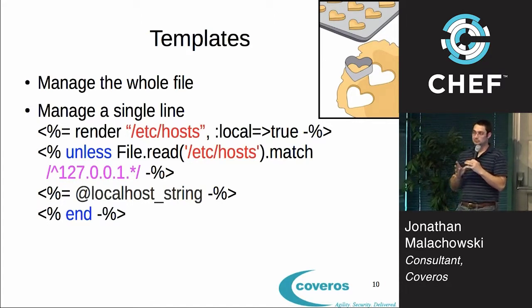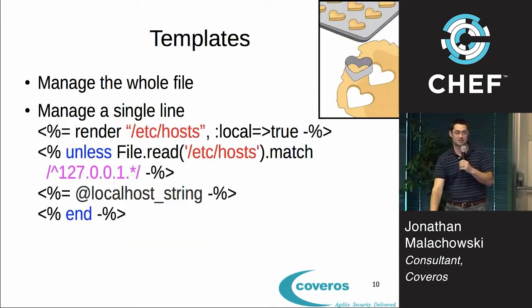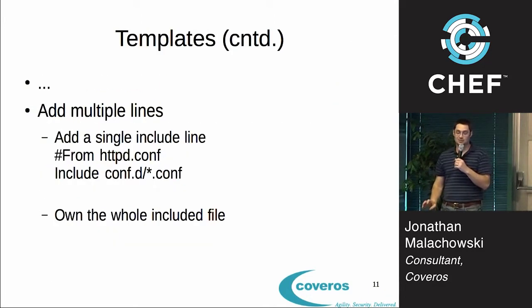Now, there are clearly way more complicated configuration files where you want to manage multiple lines. That can be really difficult, and there's no easy way to do that, except a lot of services let you include a full file. And that really helps us. We did this for things like Yum and Apache. They all have ways where you can include a conf file, and then we can manage that whole conf file separately.